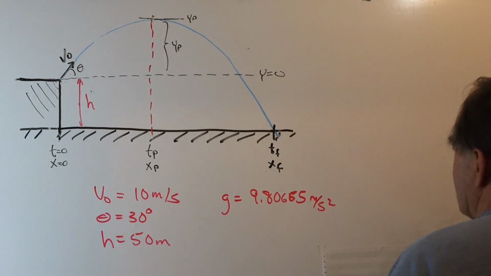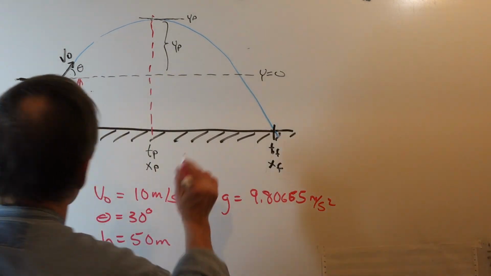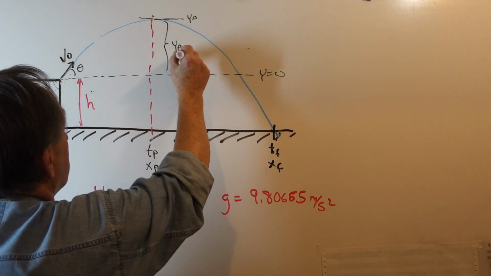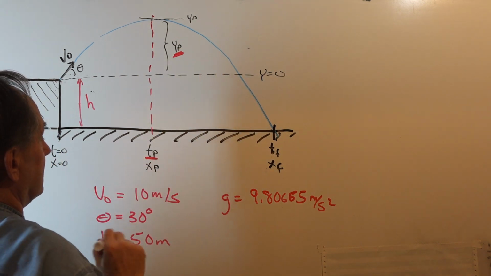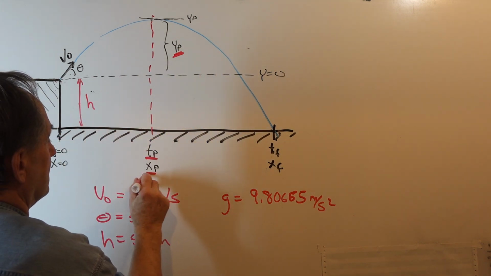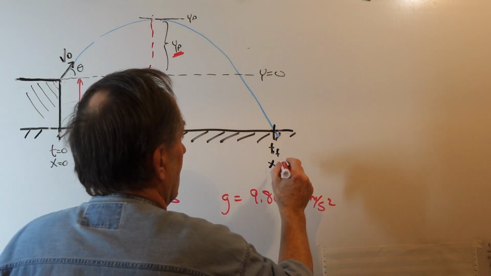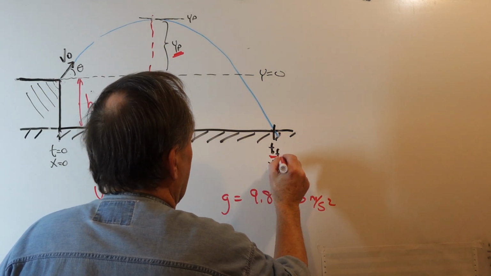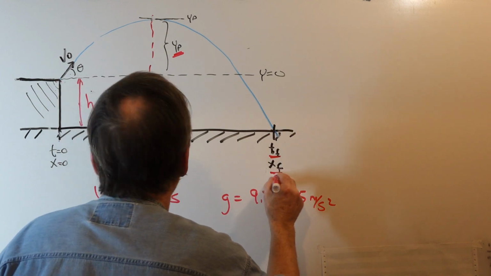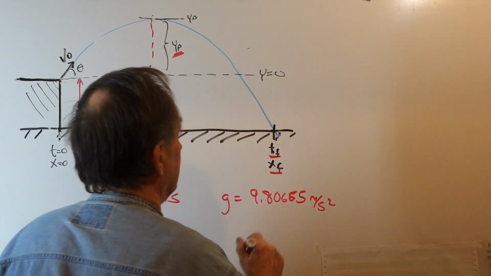So the question is to find all these values. What is y peak? How long does it take to get there? What is the value in the x direction when it reaches the peak? What is the final time that it takes to hit the ground? How far away from the building is it when it hits the ground?